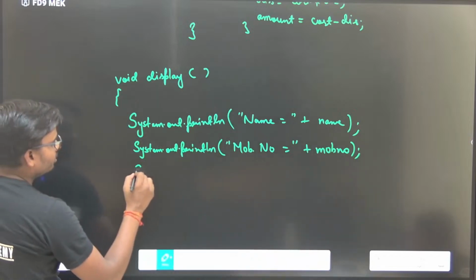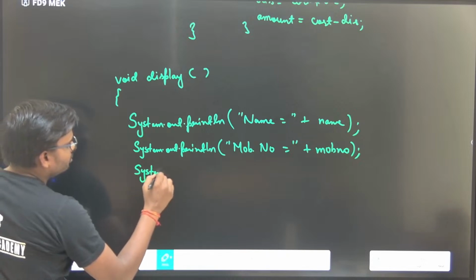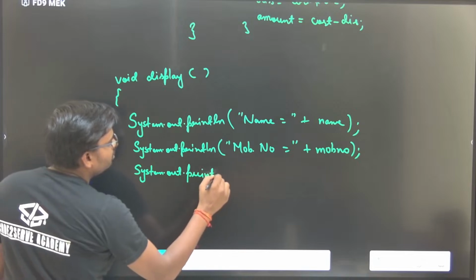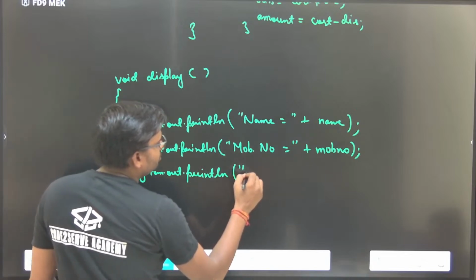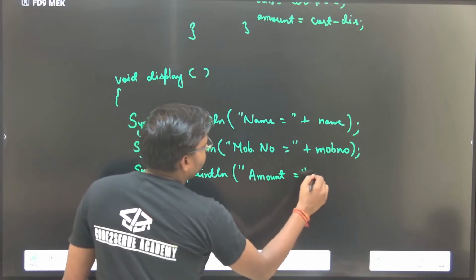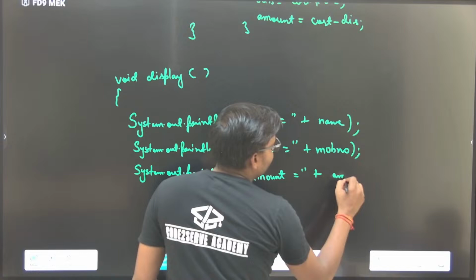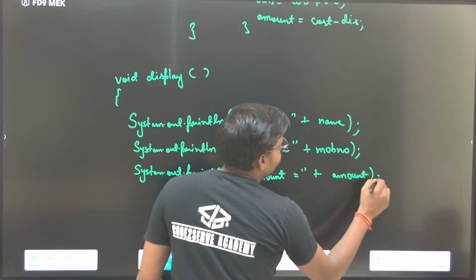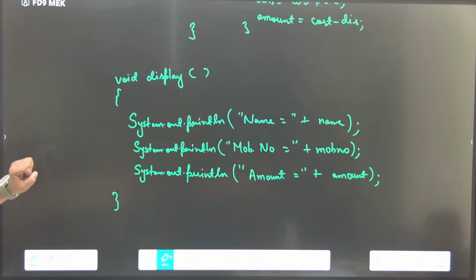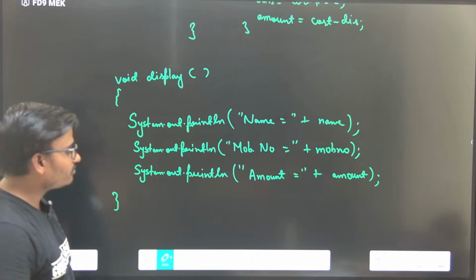So what you will write is equal to amount. So this part is also complete. Now we'll be closing the class. Whatever class we have started, this part is the closing of this class.